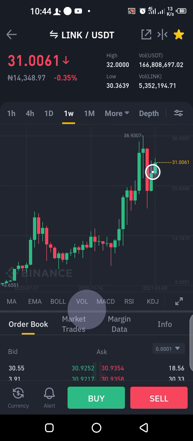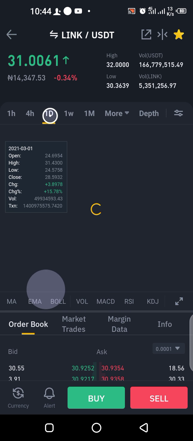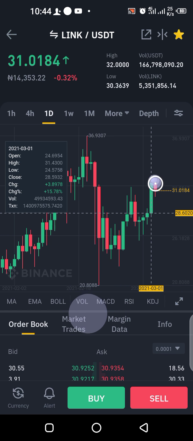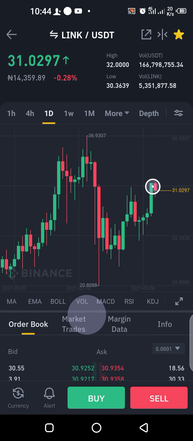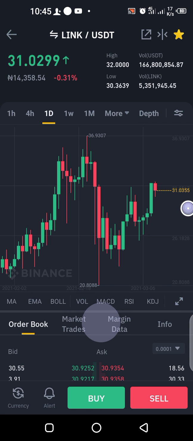I hope you see the closing. It ranged up and it got pushed down and closed. It means if you look at the highest point here and then switch to the daily chart, it will give you another high point here. Can you see? That's it. Don't forget, target the resistance level and support levels.